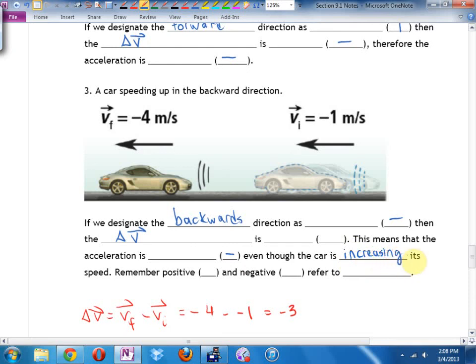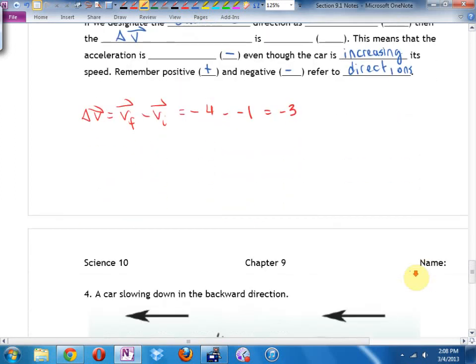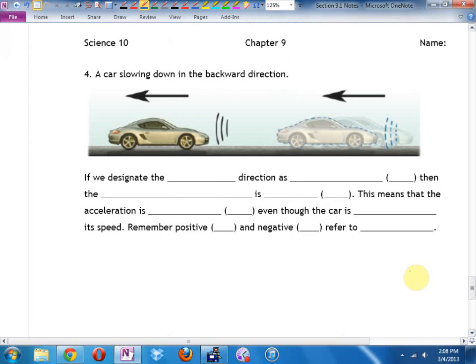It is speeding up, but it's speeding up in which direction? In the negative direction. So the change in velocity is in the negative direction. So its acceleration is negative. Remember, positive and negative refer to directions. Couple more and I'm done.